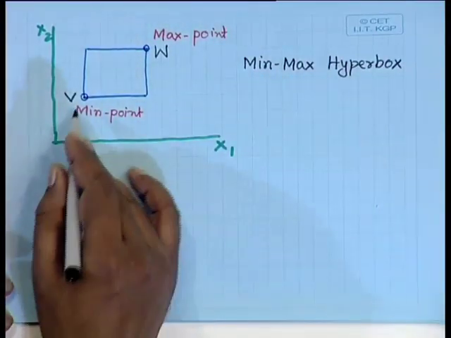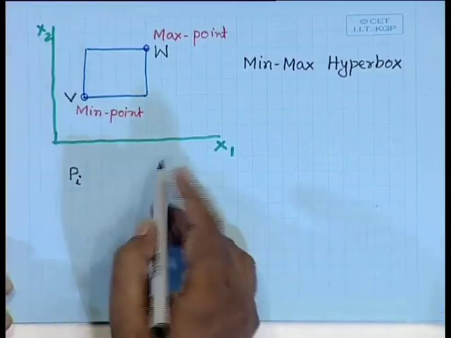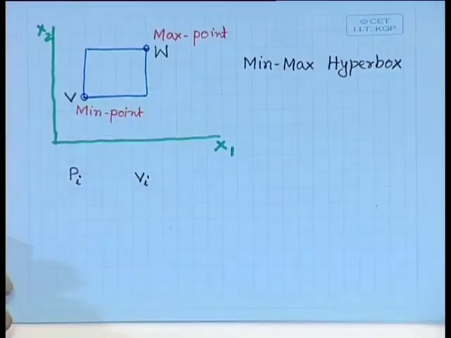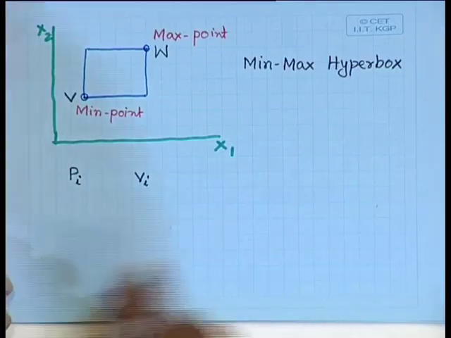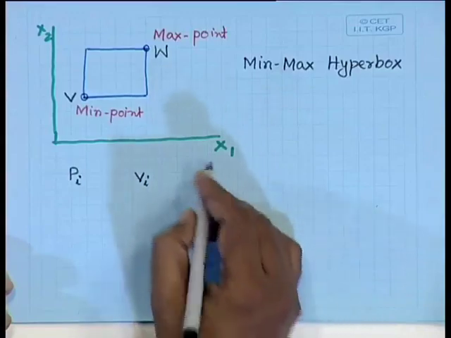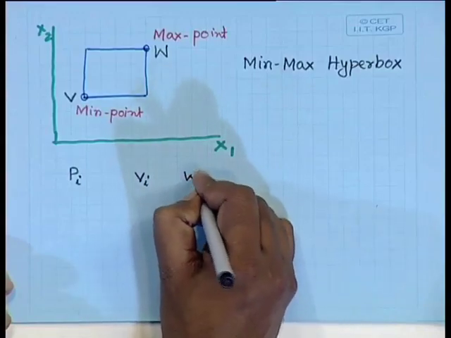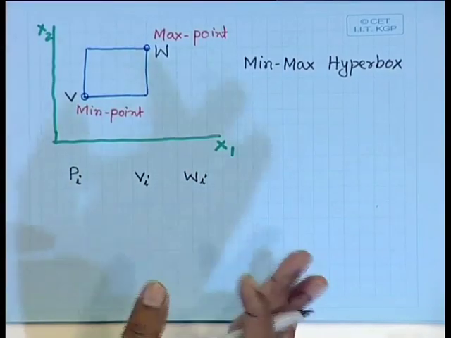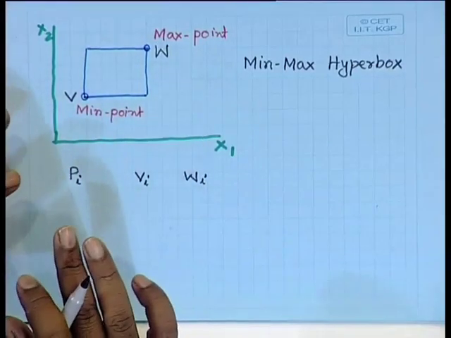Similarly, for the min point, say V_i represents the ith component of the min point, that means the minimum value of the ith coordinate. Similarly, W_i represents the maximum value of the ith coordinate. So, this is the ith component of the max point.